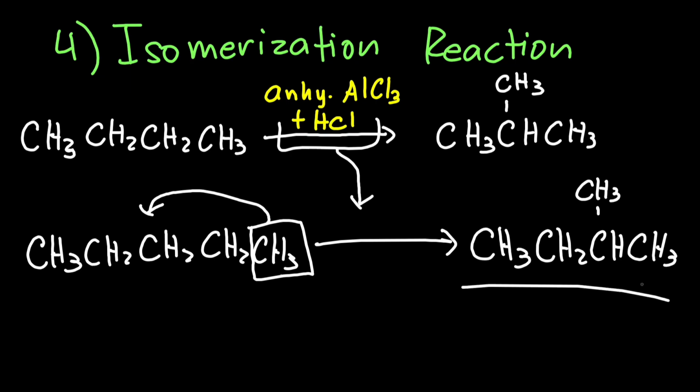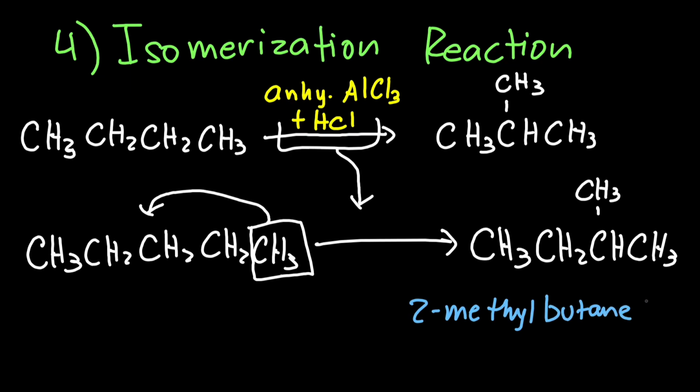If you want to name the product, it would be equal to 2-methylbutane. This is originally a pentane. Basically, isomerization, you do not add anything or subtract anything. It is just another form of their chain.